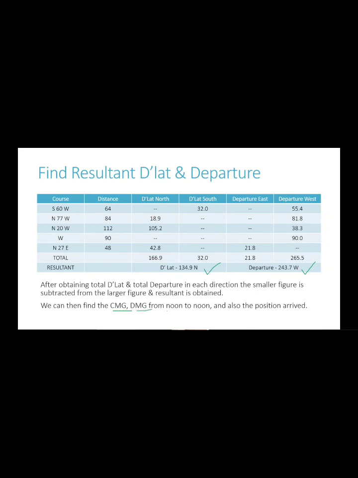Course made good, distance made good and the position arrived. ये चारों चीजें आपने अभी निकालनी है बेटा. So once you calculate, please let me know. I will show you the answers then.